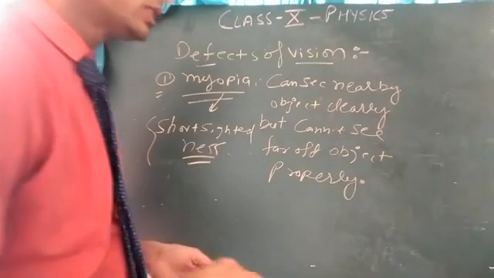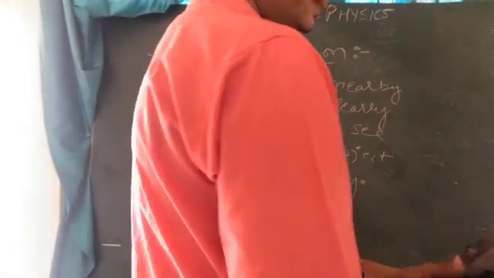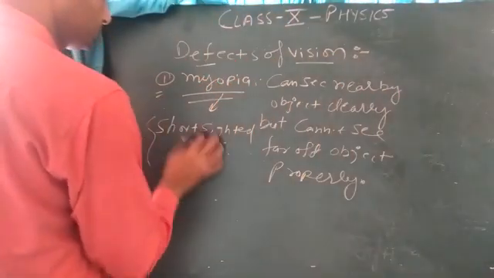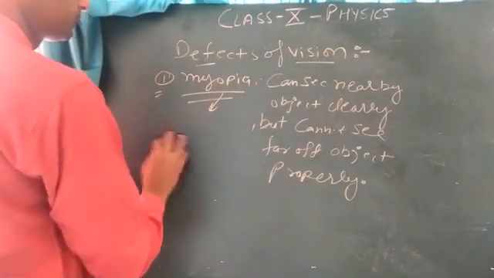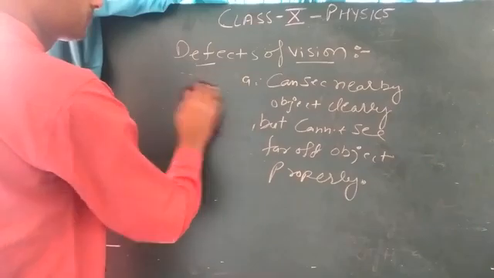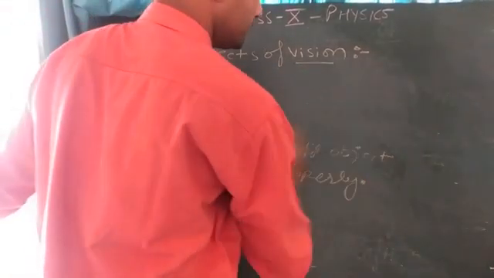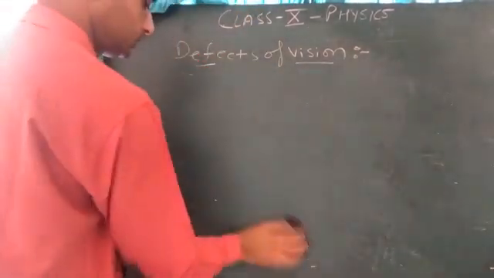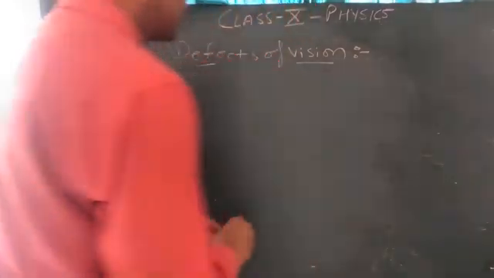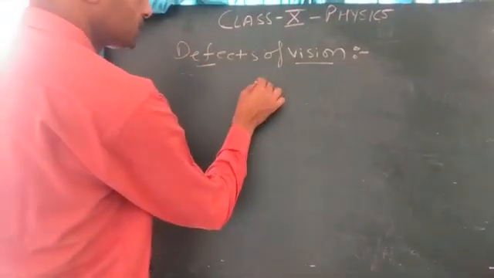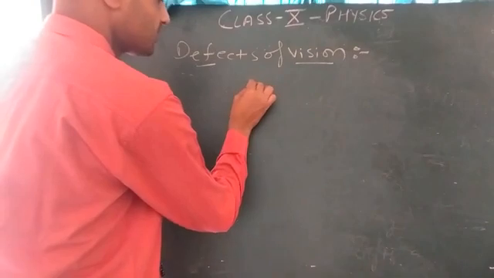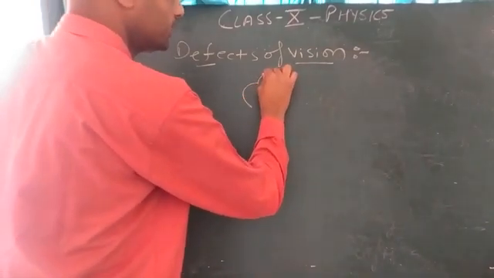Now I am going to draw some diagrams related to myopia defect. As you know, this is a normal eye.